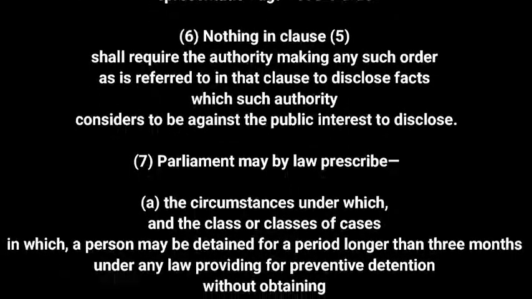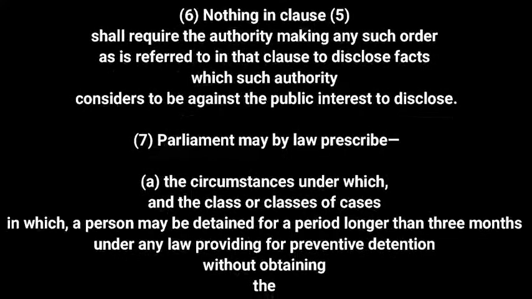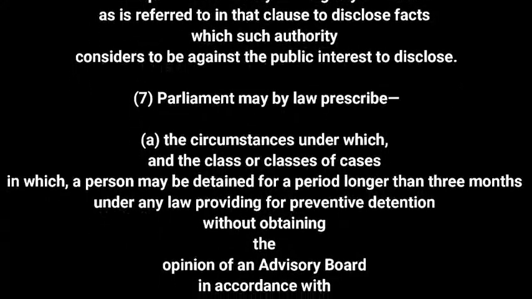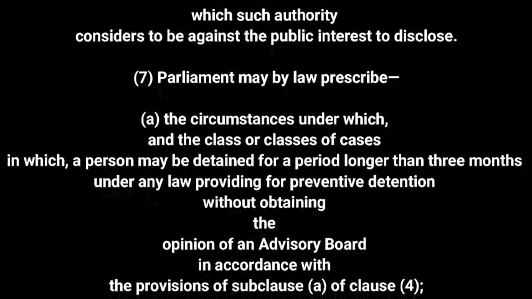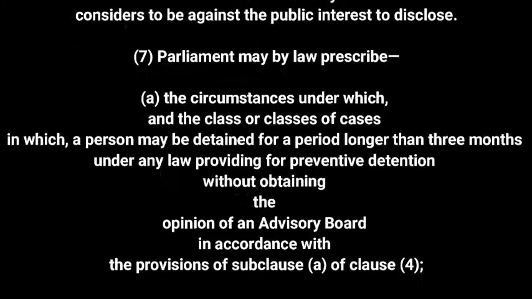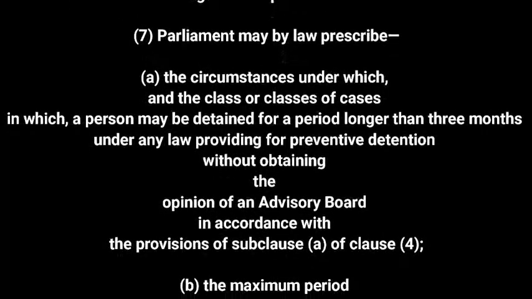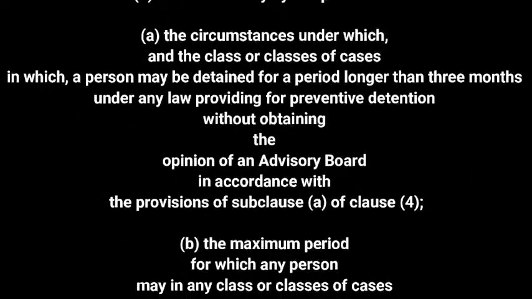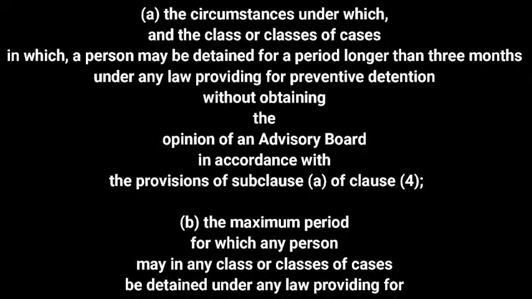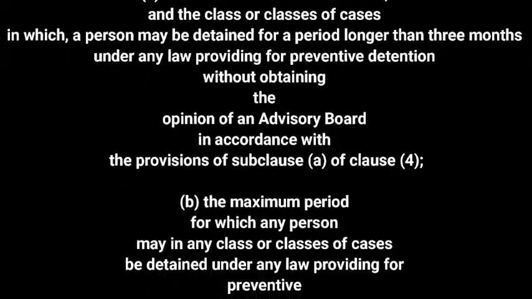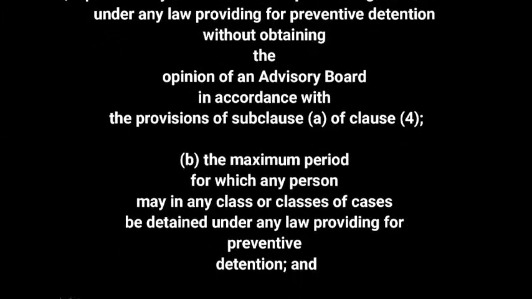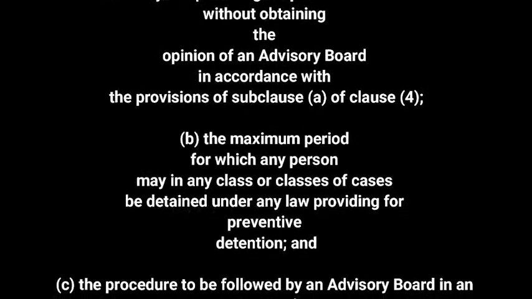7. Parliament may by law prescribe: A. The circumstances under which, and the class or classes of cases in which, a person may be detained for a period longer than 3 months under any law providing for preventive detention without obtaining the opinion of an advisory board, in accordance with the provisions of subclause A of clause 4.